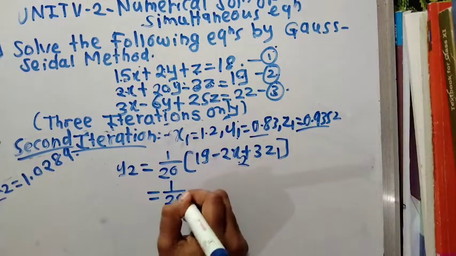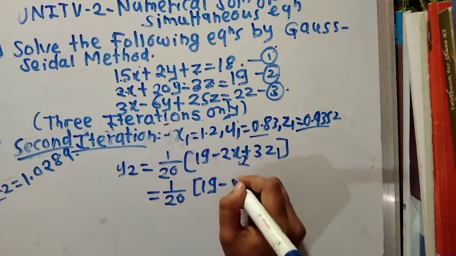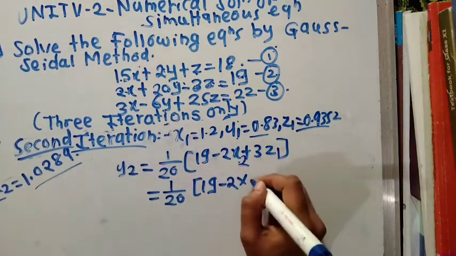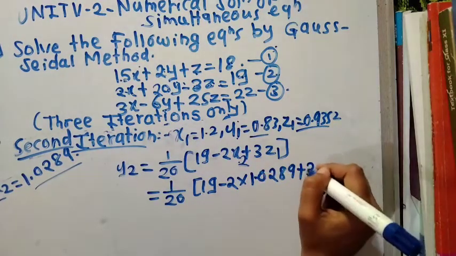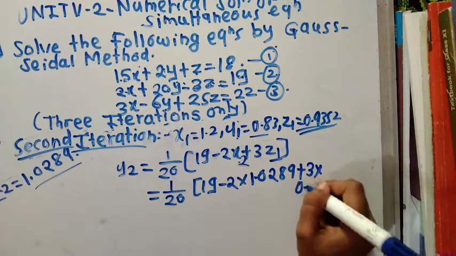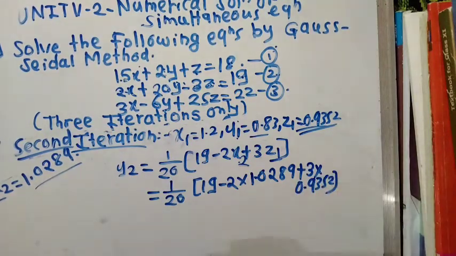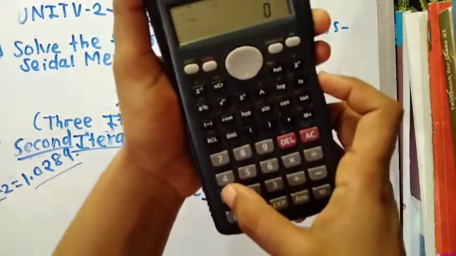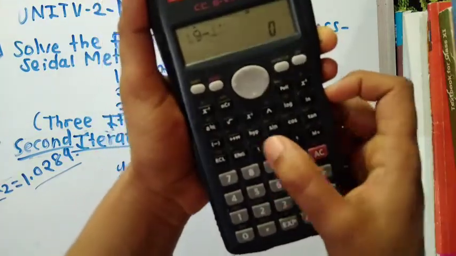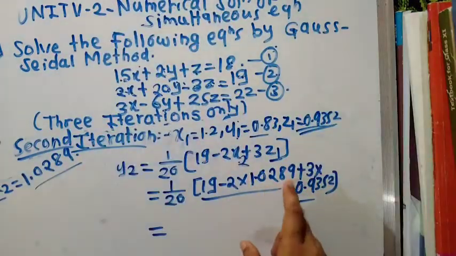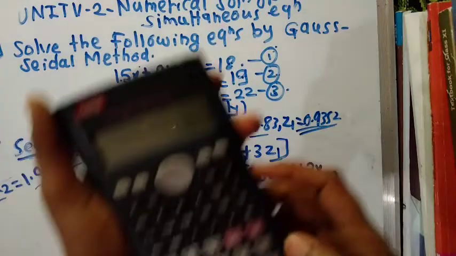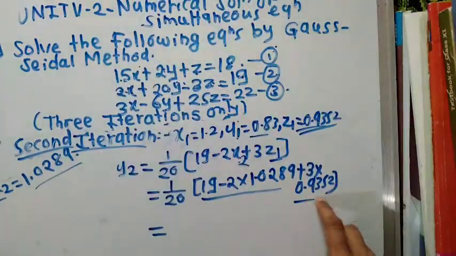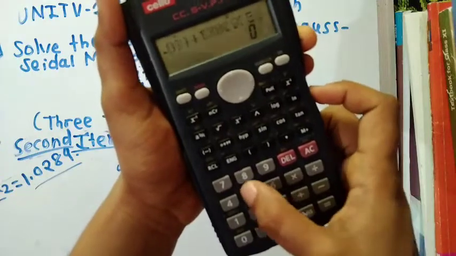So 1 divided by 20 times (19 minus 2 into 1.0289 plus 3 into 0.9352).